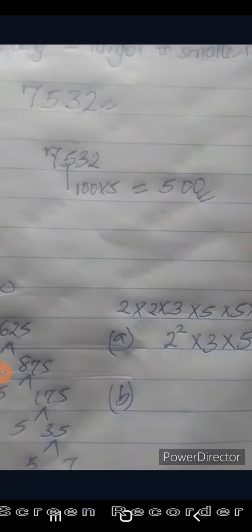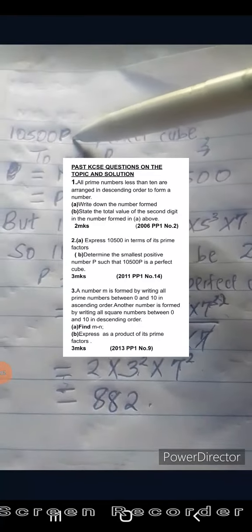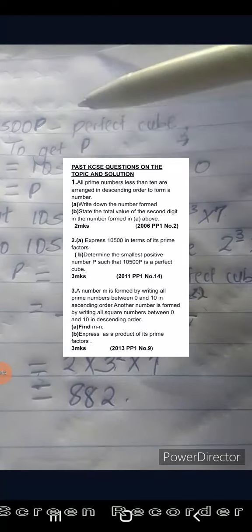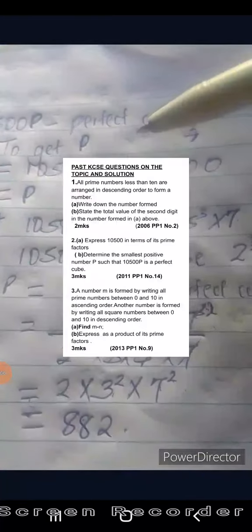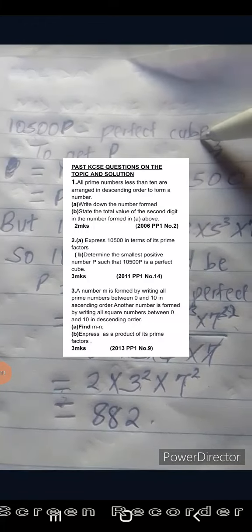Then part B, you are being told to determine the smallest positive number P such that 10500P is a perfect cube. A perfect cube is a number whereby its prime factors have the highest power of 3.